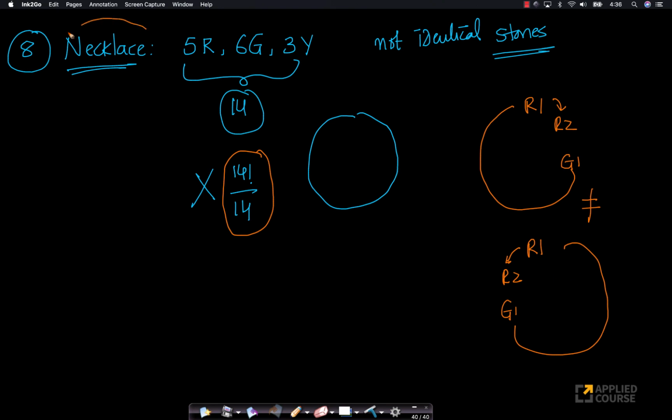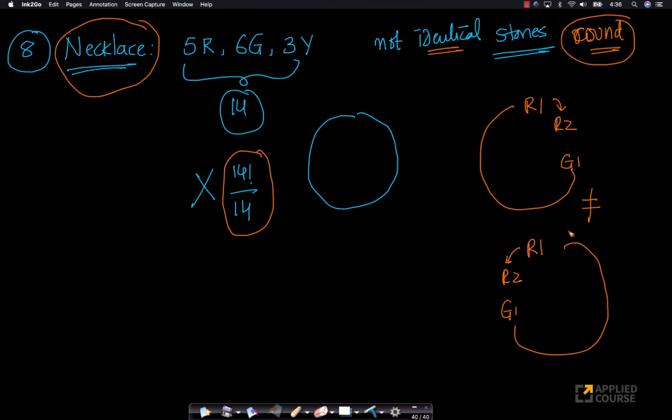But when you're constructing a necklace, if I just invert this necklace, it will become this. I'm assuming here that the stones are round in shape, so I cannot tell whether the order is this way or this way, because a necklace can be flipped.